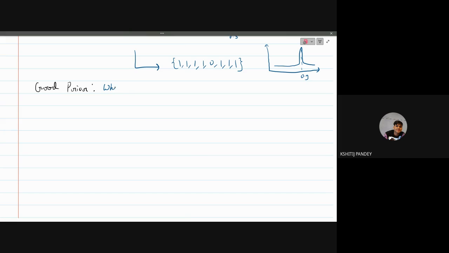When your data is just zeros and ones, that is when it is coming from Bernoulli distribution, a good prior will be beta distribution. And why is that?